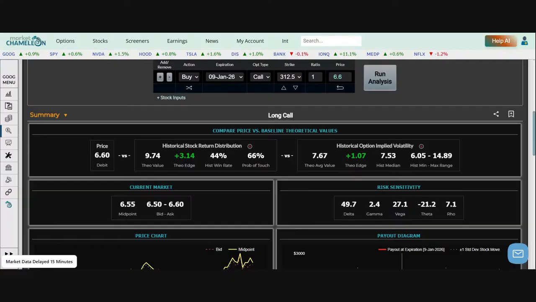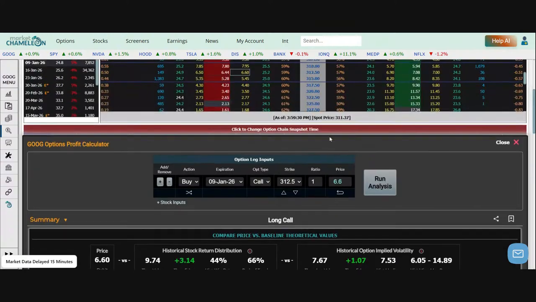One is we could just look at, if the option price says 660, what if I take the historical stock behavior? How does the stock move around? And then take those historical returns using the same time that we have.